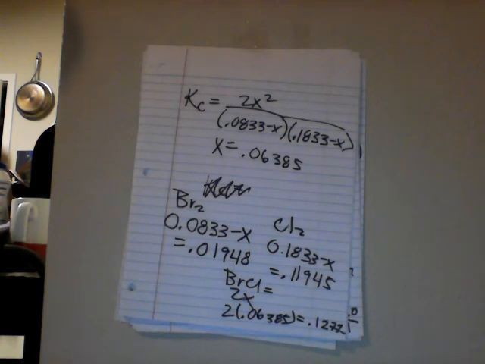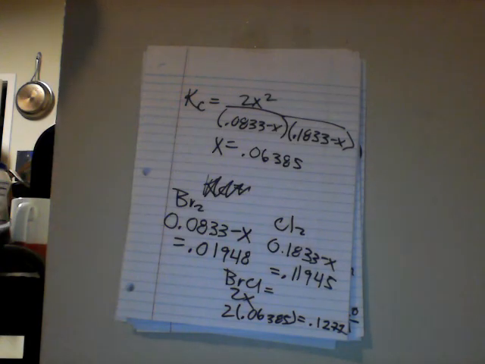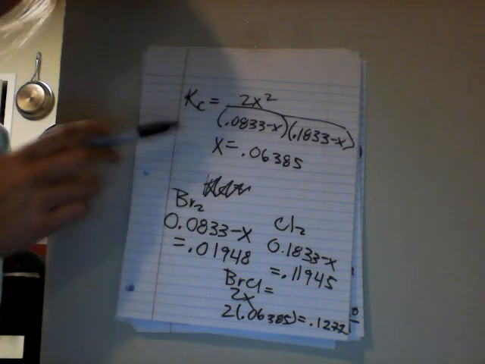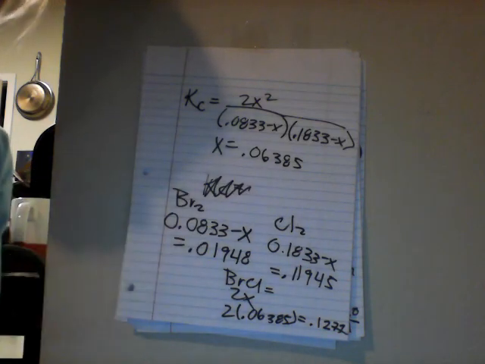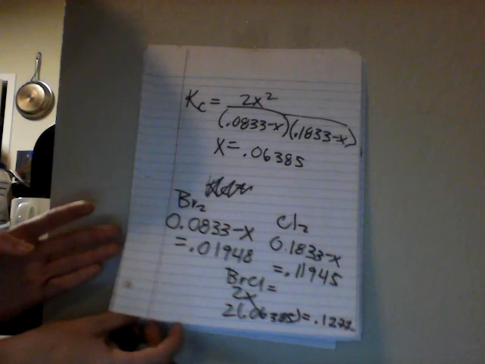So hopefully that makes sense to you. I started plugging into the actual equilibrium expression, but you didn't have to actually write that out. What the problem asked for was the equilibrium concentrations of each of the molecules at the very end of the reaction.